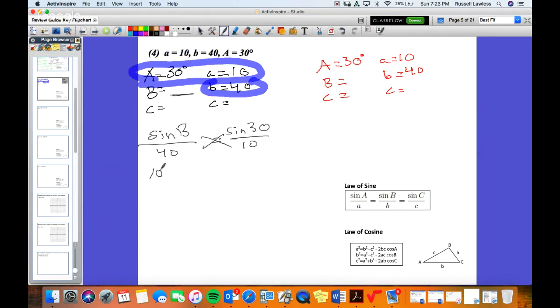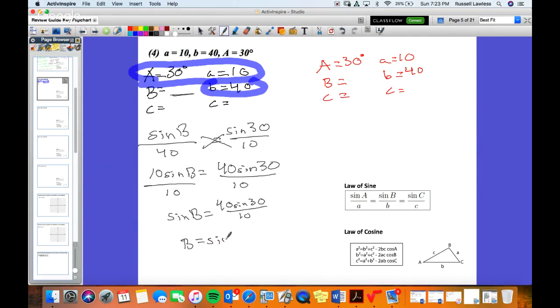Cross multiply, we'll get 10 sine of B equal to 40 sine of 30. Then we'll divide both sides by 10. That gives us sine of B equal to 40 sine of 30 over 10. And again, we're not just going to divide by sine, we're actually going to take the inverse sine of whatever that value is.